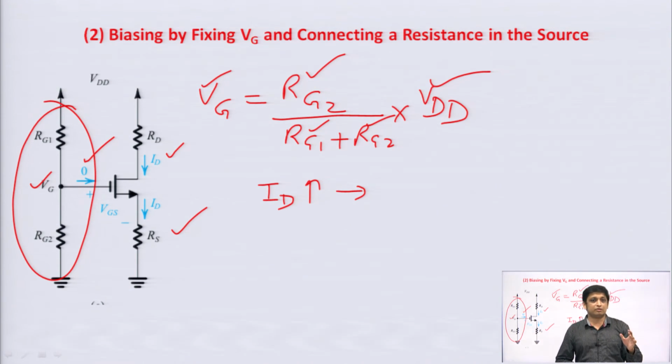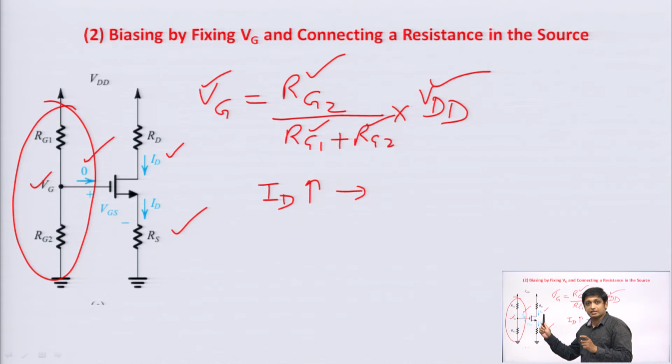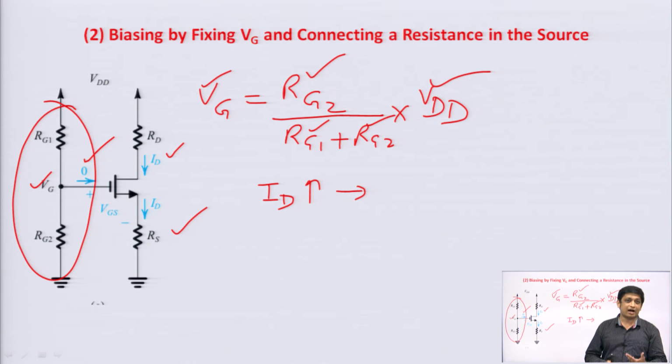In BJT there is some base current that depends upon the doping of the base terminal, but in MOSFET, since there is a SiO2 layer, the gate current is 0, as it acts as an insulator. So, the advantage is that when we apply the input signal at the gate terminal, it sees higher input resistance, which is good for a voltage amplifier.